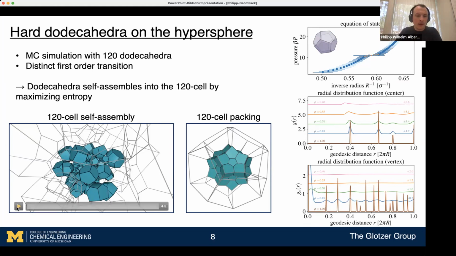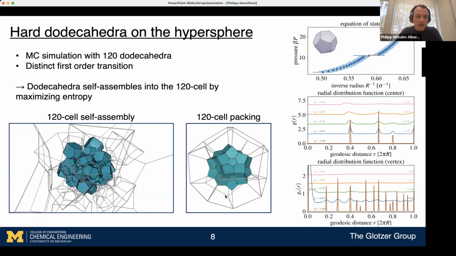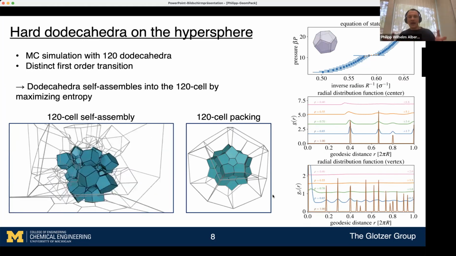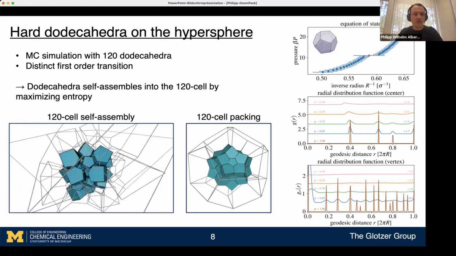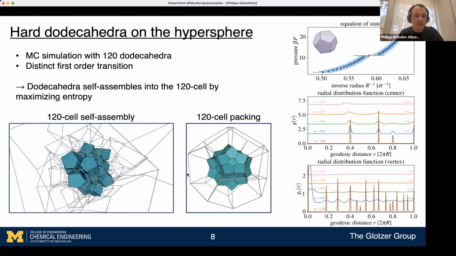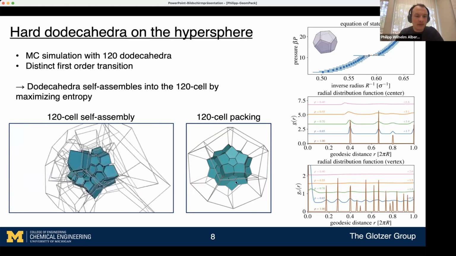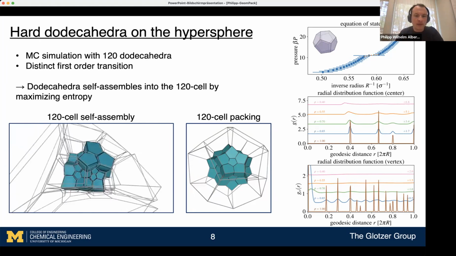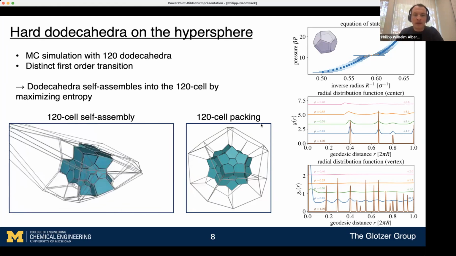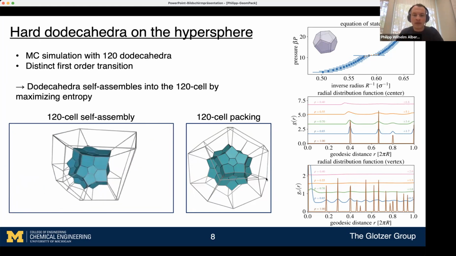You can see in this video that first it's in a very gassy phase, and the particles are just randomly distributed. But at some density, the particles start to align and form these perfect tessellations when you compare it, for example, to the perfect so-called 120 cell structure, as you can see here.